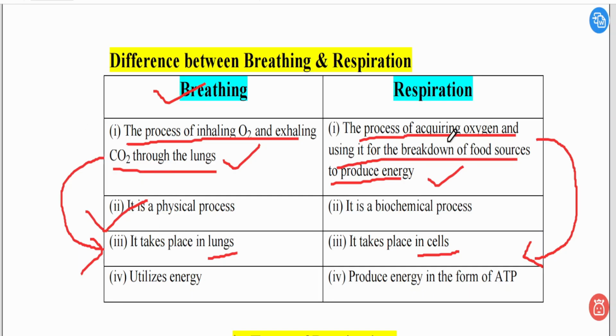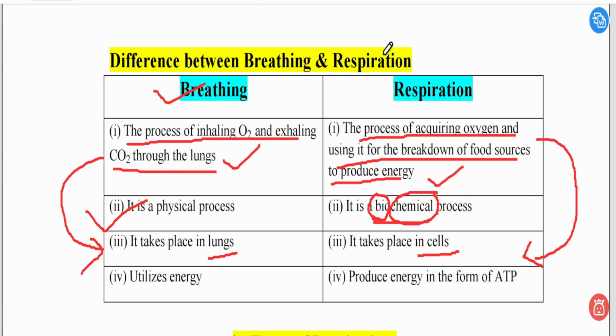But in case of respiration, respiration is a biochemical process. That means it is both a biological as well as chemical process, as we already know about the breakdown of the glucose.